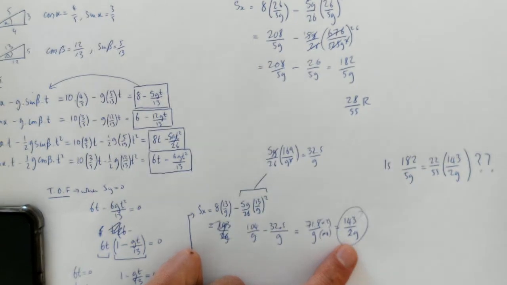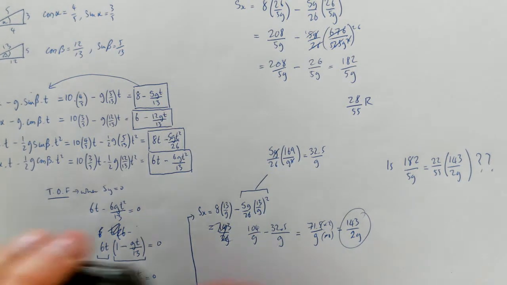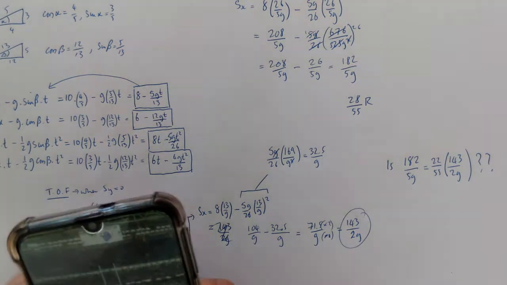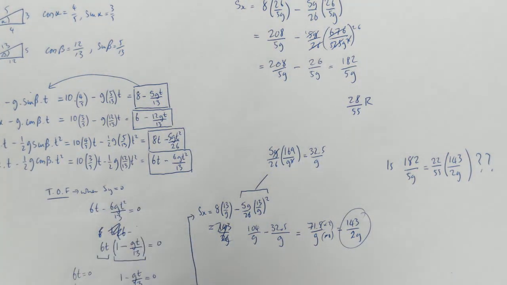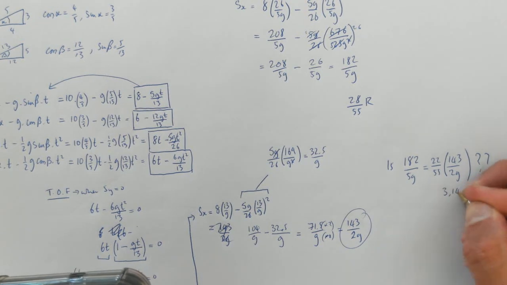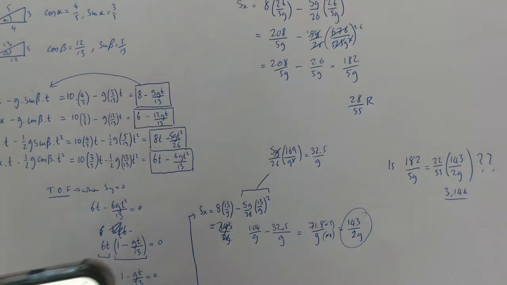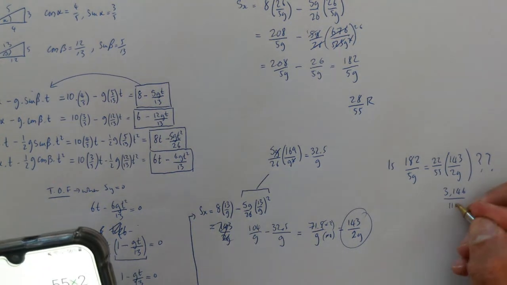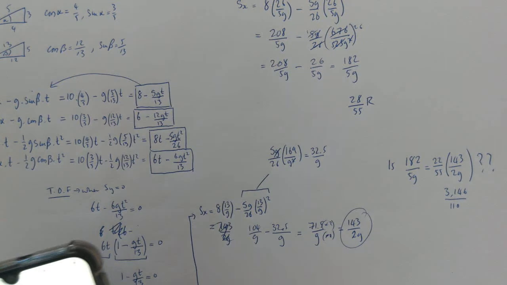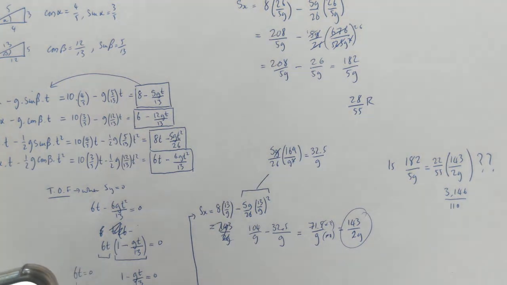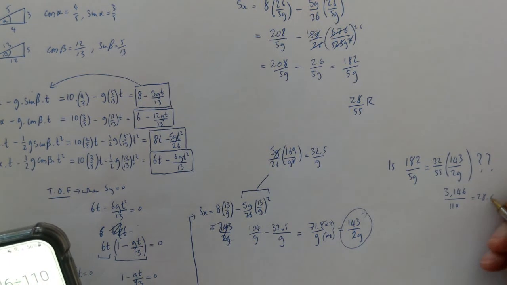This is where you cross your fingers and hope it's right, okay? So let's do 22 times 143. I've only got phone calculator, lads, so that's why I'm a bit slow, sorry. 22 times 143, 3146. 55 times 2 is 110. Okay, 3146 divided by 110 equals 28.6.